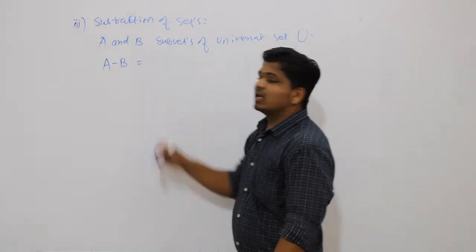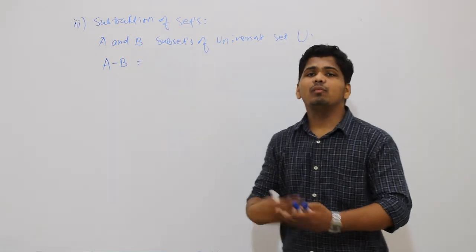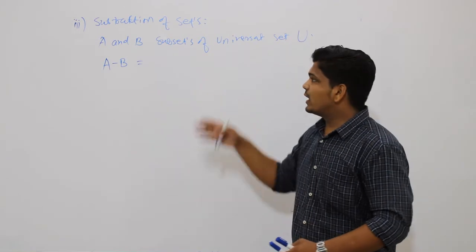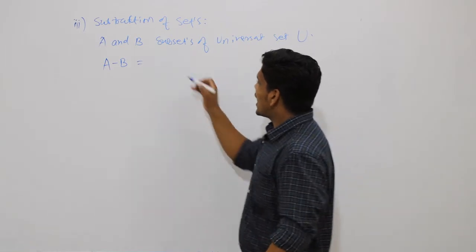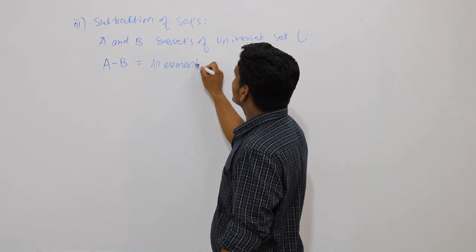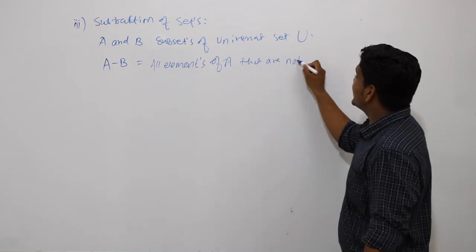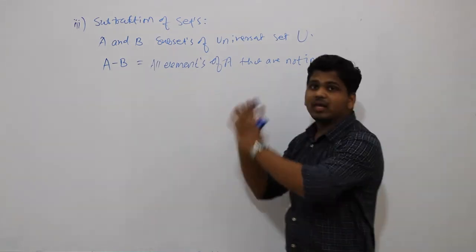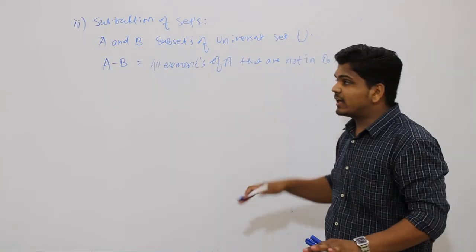A minus B will contain all the elements of A that are not in B. Means we will remove the elements of B from A. If A has some elements common with B, I will remove them in A minus B. So A minus B is nothing but the elements of A that are not in B. I will remove all those elements of A that are in B.